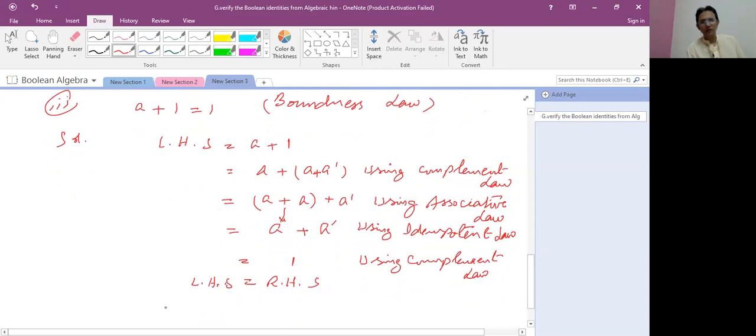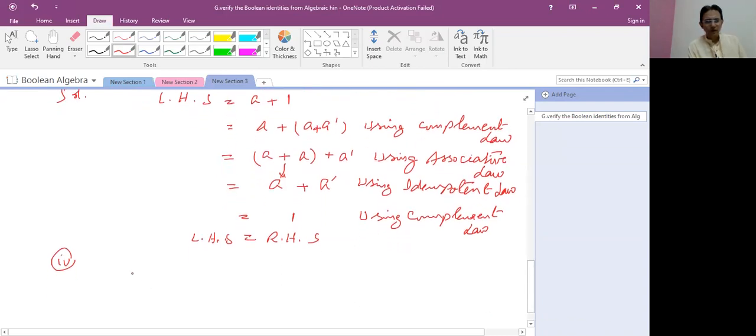So student, we have determined it easily. For example, the next application, verify the absorption law. What is absorption law?